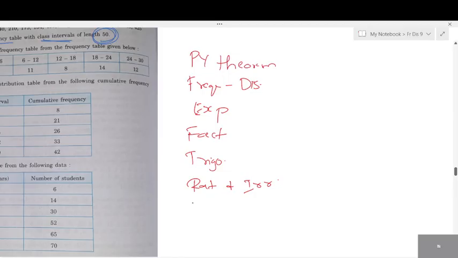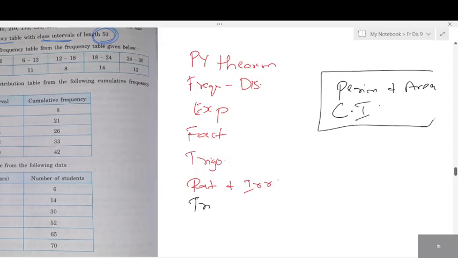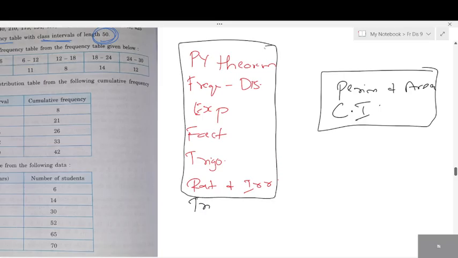Few questions are easy. Apart from that, perimeter and area. Look here. Perimeter and area. Few topics are fine, students. Few topics are easy. Even in compound interest, few topics are easy. So this is a moderate chapter. These are easy chapters.